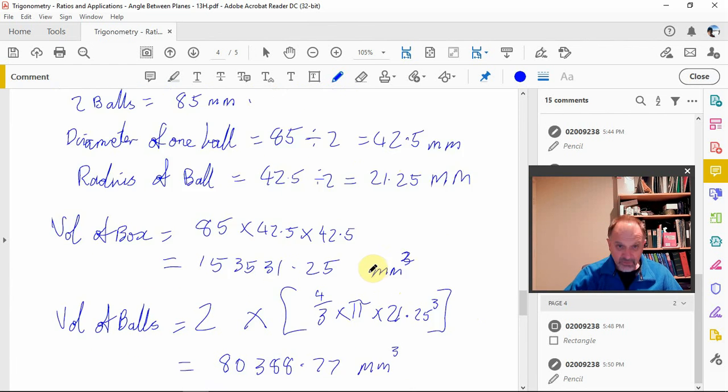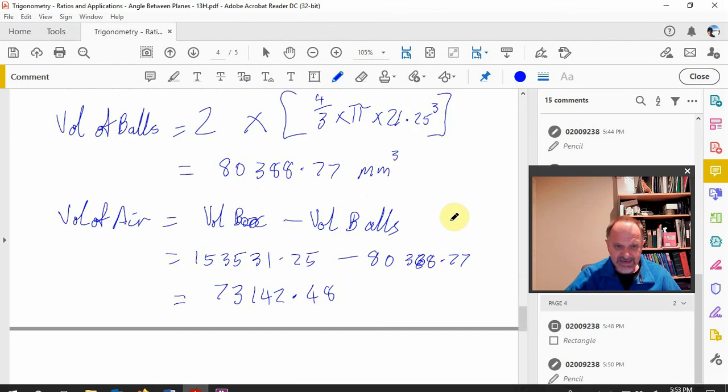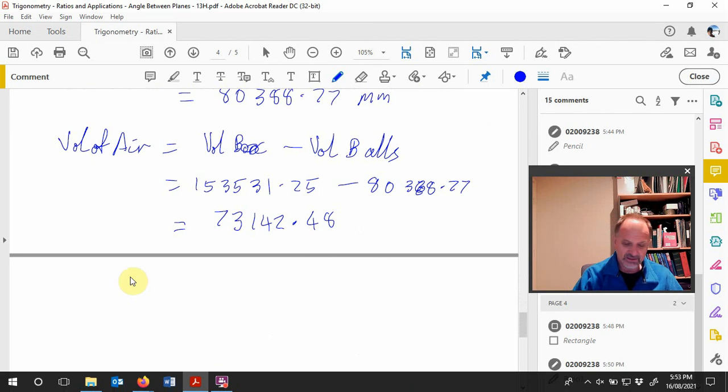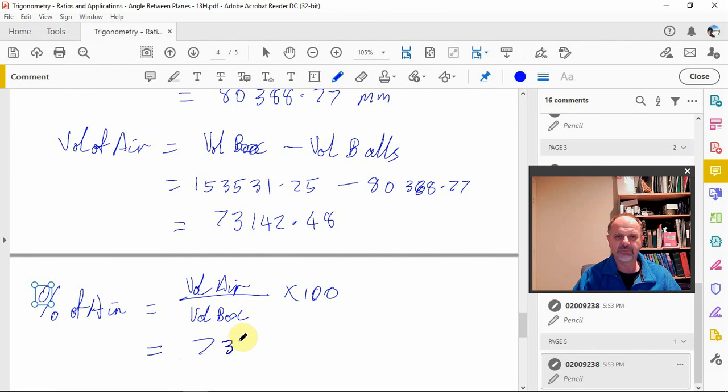All right, so what we were asked in the end was the percentage of space inside that is air, so the percentage of the volume that is air. So the percentage of air is the volume of air over the volume of the box times 100, which is 73,142.48 over 153,531.25 times 100.